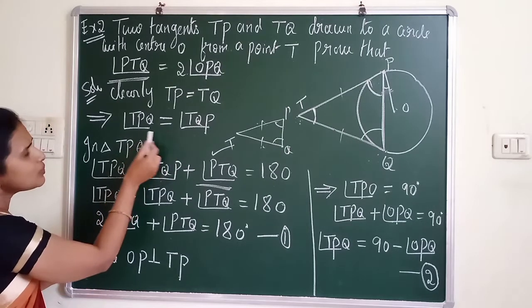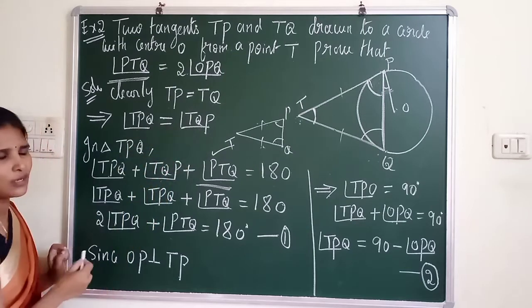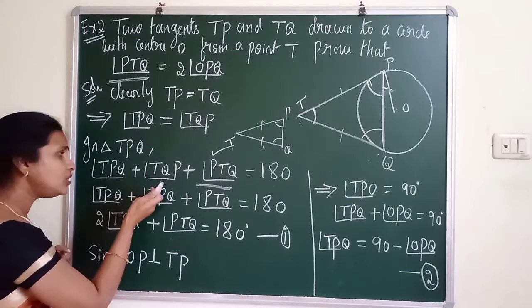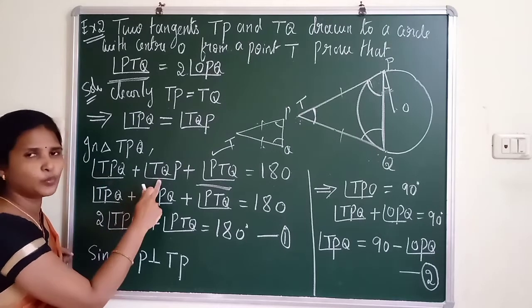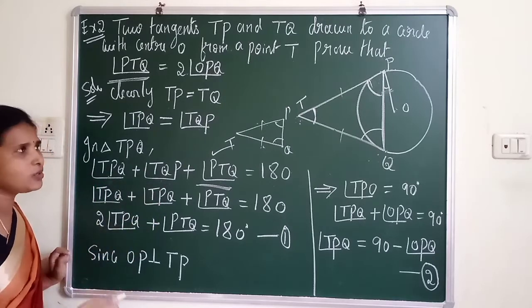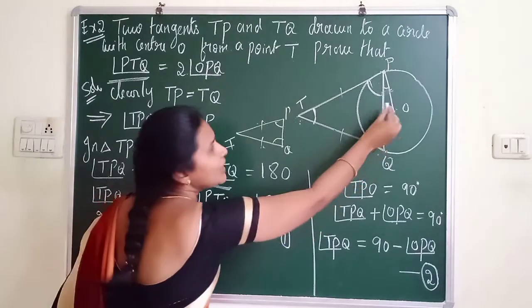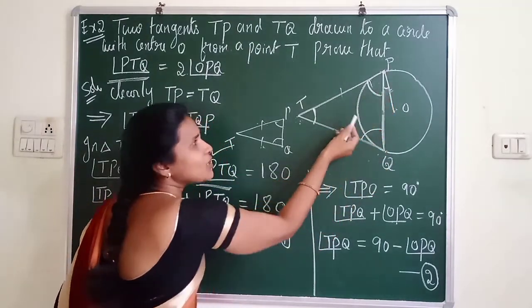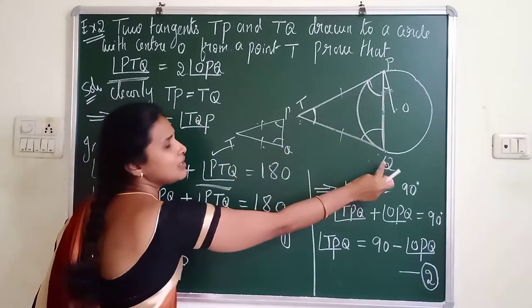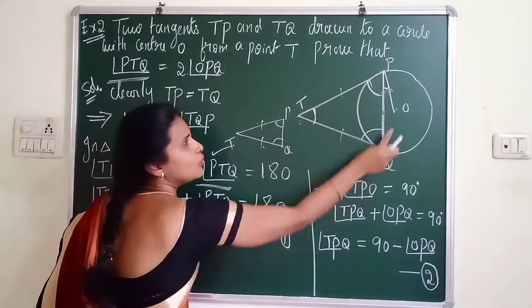Now I just proved that TPQ and TQP are equal. Now tell me, among these 2, which do I want to change? Either TPQ or TQP. Both are equal. But which do you want to change? Because here in the answer the OPQ term is there. So OPQ is associated with which angle? You can see here TPQ.